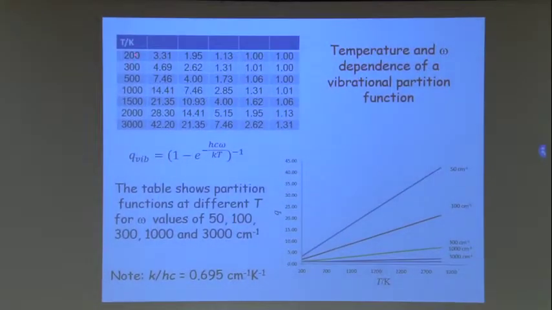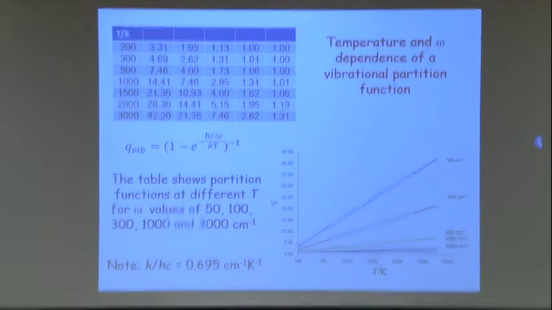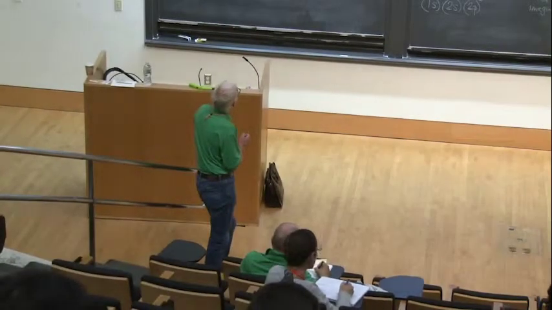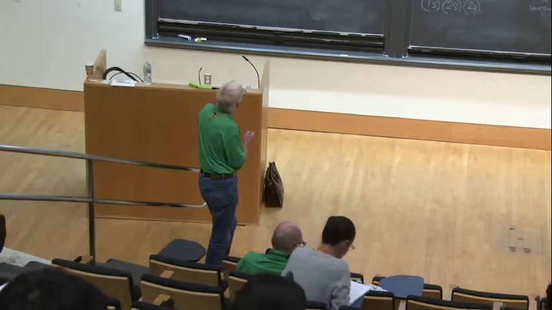We're going from temperatures of 200 up to 3000, and this here is the partition function for a vibration with a frequency of 50 wave numbers. And you can see that it starts off at a value of 3. The minimum value a partition function can have is 1. So it starts off at 3.3 and goes up to 42. So quite big, and a strong temperature dependence.